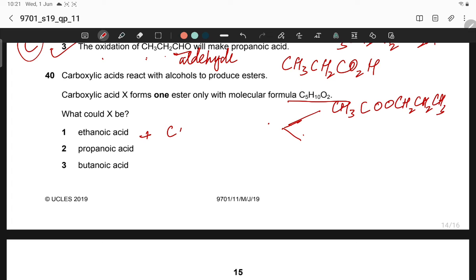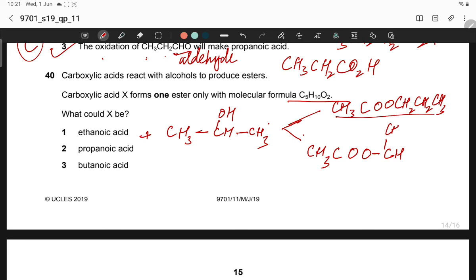If primary alcohol gives this and secondary alcohol gives the second compound, CH3COO with CH3 and CH3.